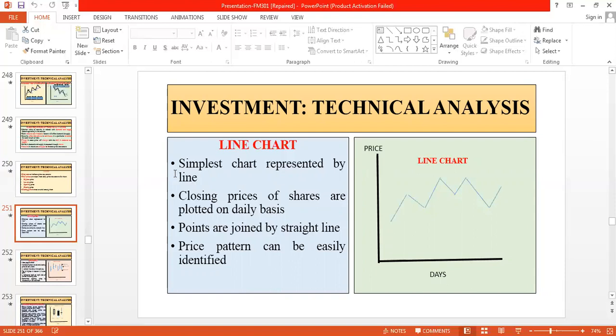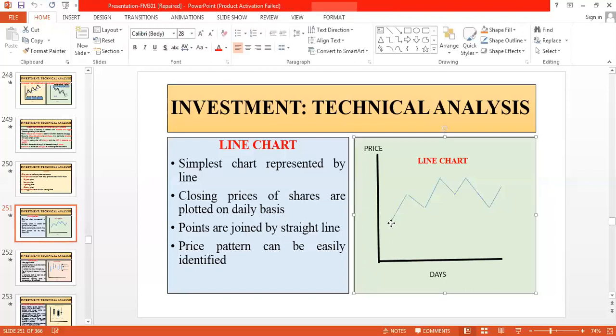So for the line chart, let us consider its features. It is the simplest chart represented by a line. Closing prices of the shares are plotted on a daily basis. So on the y-axis we are plotting the closing price and on the x-axis the days, which means the prices are plotted on a daily basis. Points are joined by a straight line.